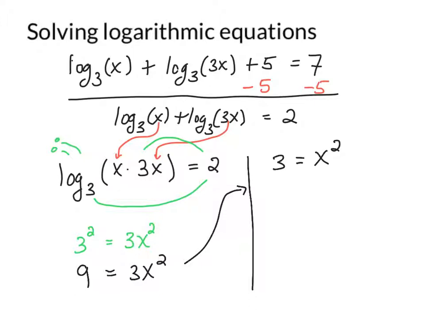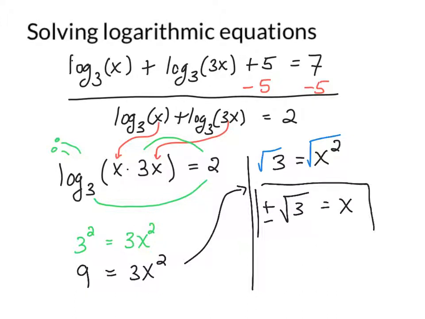All right, so if I'm going to solve this, what I need to do is take the square root of both sides in order to undo the square. And anytime I take a square root, I'm going to have a plus or minus that goes along with it. So I get plus or minus the square root of 3 is equal to x. Right, so x is equal to plus or minus the square root of 3.